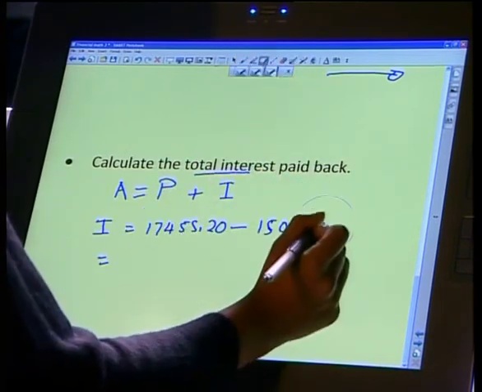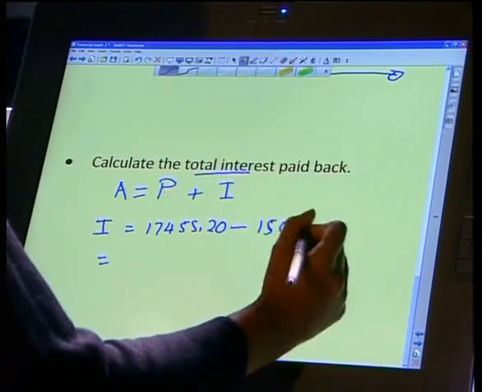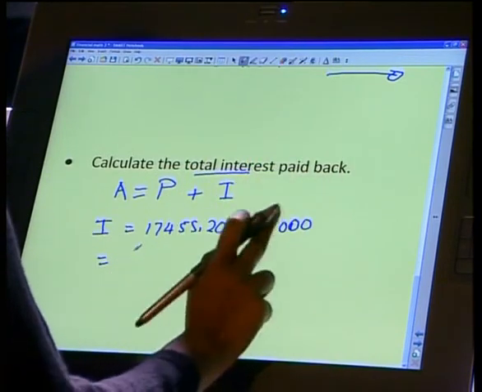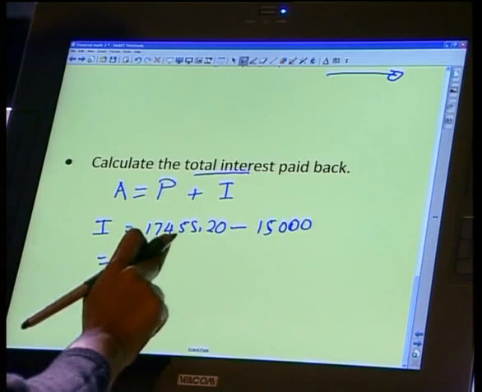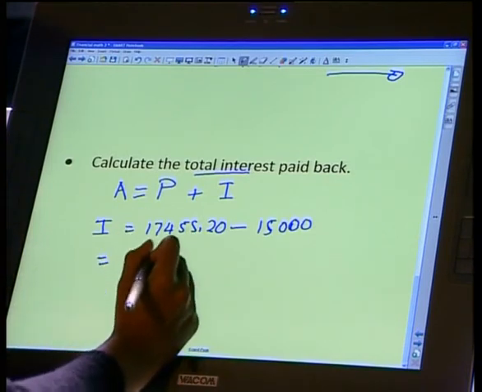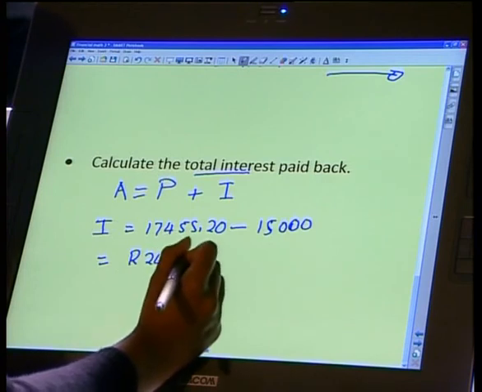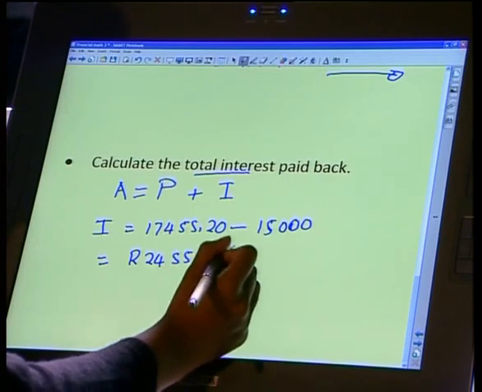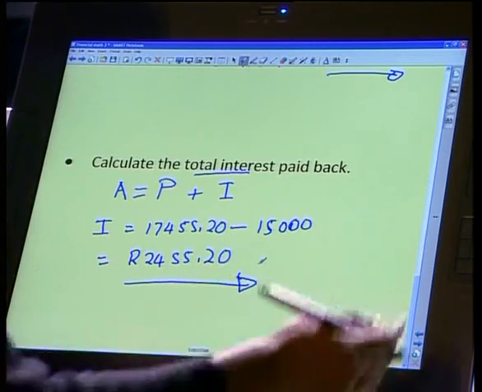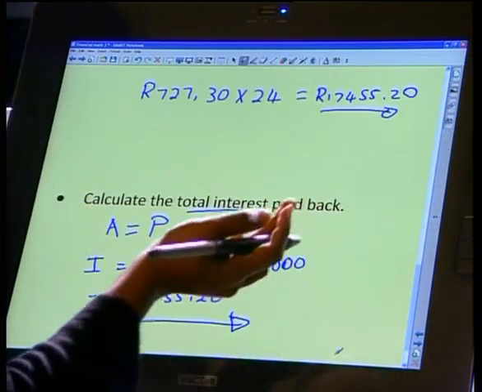Okay, 15,000, not 150,000. So we just need to subtract 15,000 from 17,455 Rand, and you will get an answer of 2,455 Rand and 20 cents. So that is how much interest she's going to have to pay back on this loan amount of 15,000 Rand.